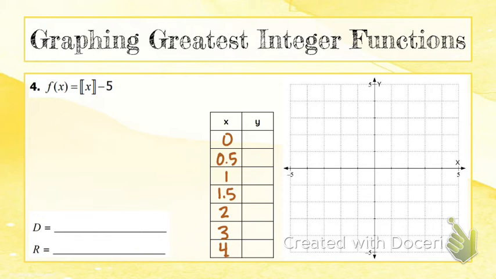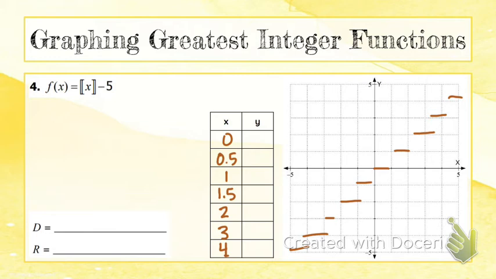And I also want you to recognize that the things that you do to these functions are going to move them around. So the function that he showed you had stair steps and it was centered on the graph and it looked something like that. But in this function, we're subtracting 5.